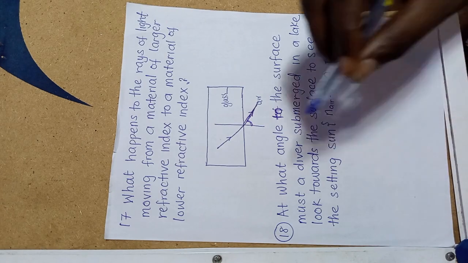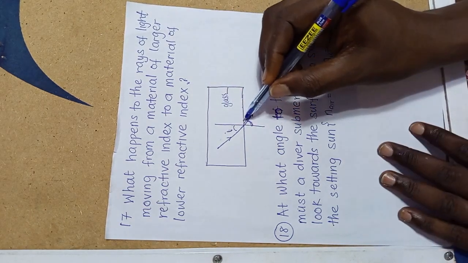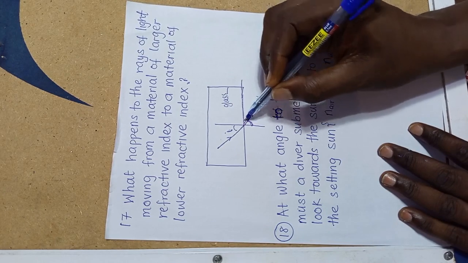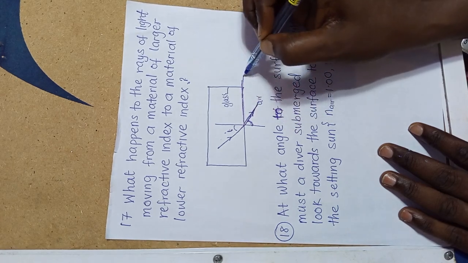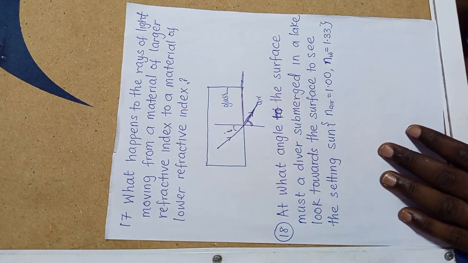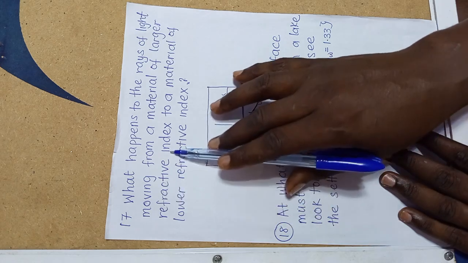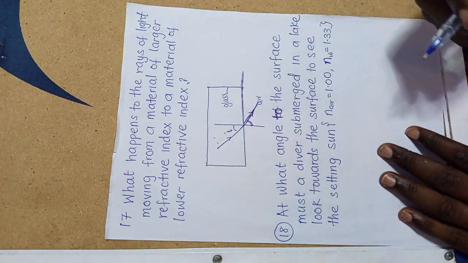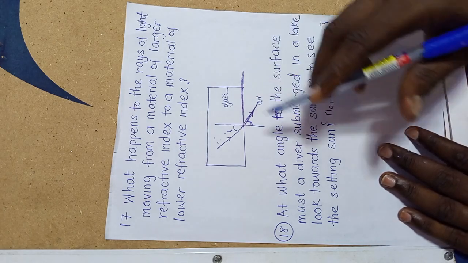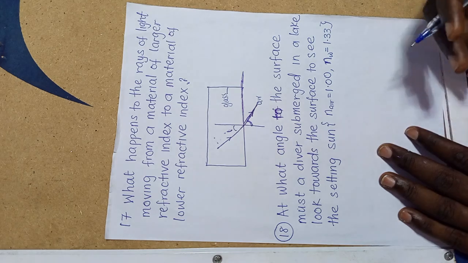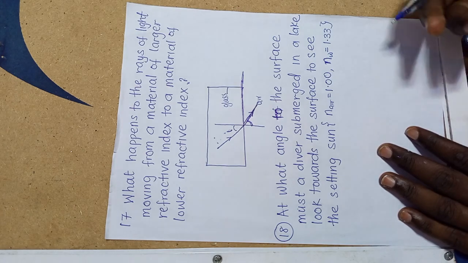And if you continue to increase the angle of incidence, you get to a point where your incident angle is at the critical angle, where it will produce a refraction of 90 degrees. Don't forget, a larger refractive index means a denser medium, and a lower refractive index means a less dense medium.